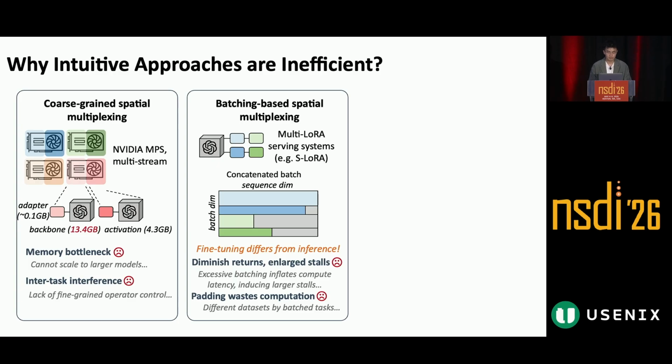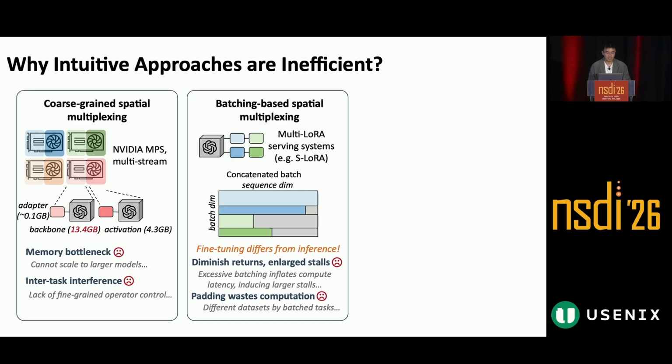The second solution is to reuse the frozen backbone across tasks, which is a very natural idea inspired by multi-LoRA serving systems. Task data is batched together for model forward and backward passes. While efficient for serving, this approach may underperform in the PEFT scenario, which is fundamentally different from serving.